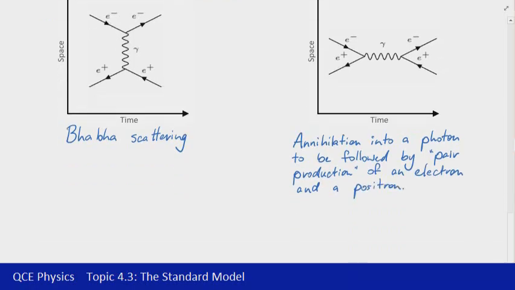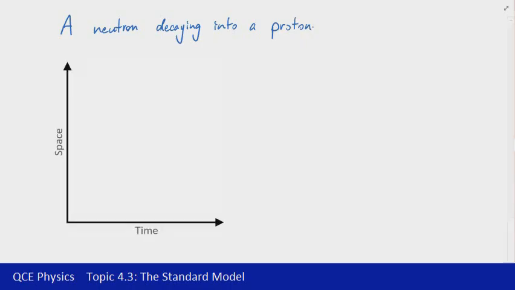And finally, the last one that we need to cover is a neutron decaying into a proton. And we also know that when the proton is produced, an electron and an electron antineutrino are produced. So again, if we start with our axes, here we have the neutron.